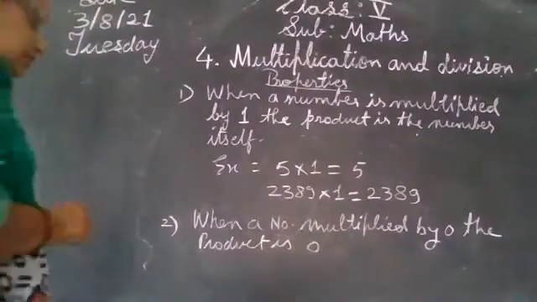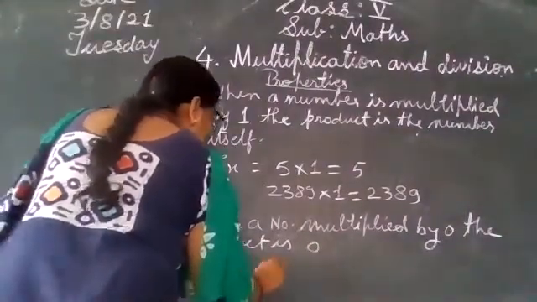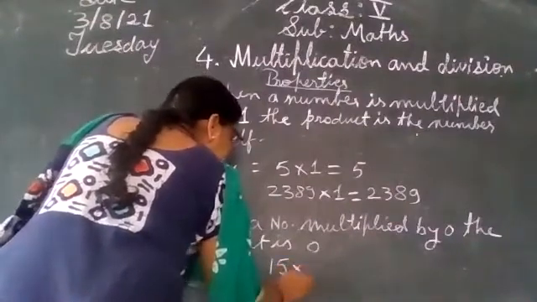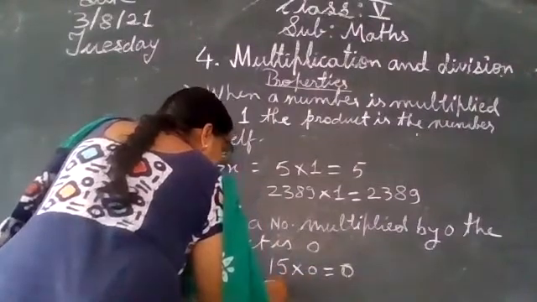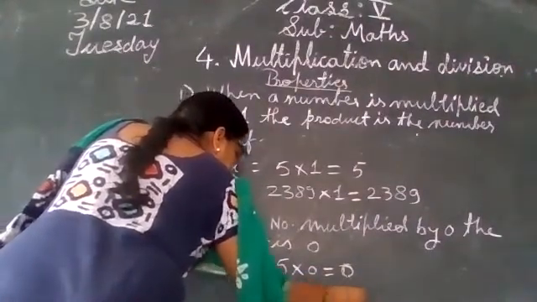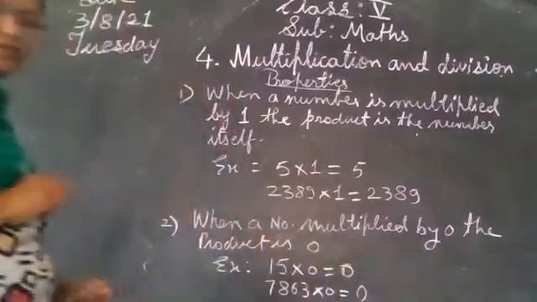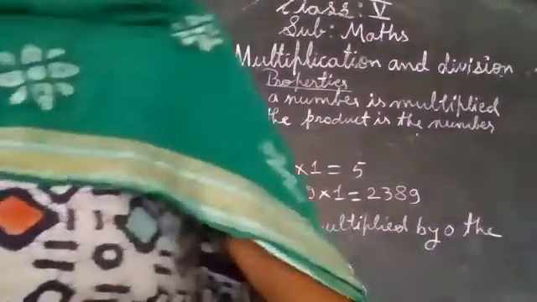Okay. For example, see, 15 multiplied by 0, you will get 0. 7,863 multiplied by 0, you will get 0. Means if you multiply any number by 0, the answer is always 0. Okay, beta?